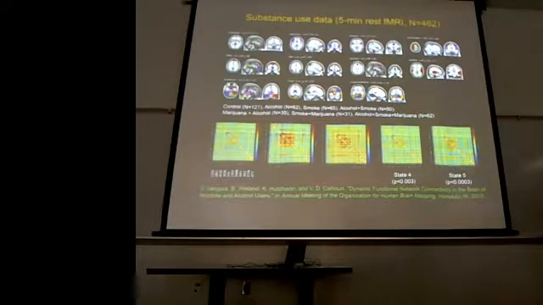Then this is some work from Victor Vergara looking at substance use data. So this is about 500 subjects that have various substances that they're taking, from alcohol to nicotine to marijuana. And we essentially did a dynamic connectivity analysis by comparing the subjects that are taking one or combinations of those substances.